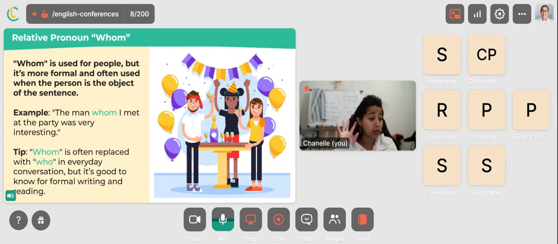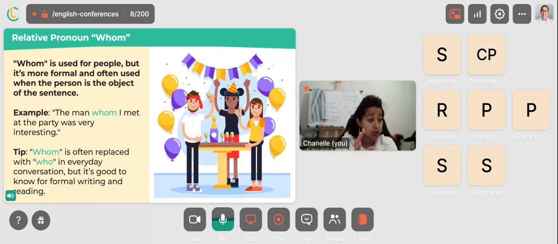So now that we have looked at who, we want to look at whom. Whom is used for people, but it's more formal and often used when the person is the object of the sentence. For example, the man whom I met at the party was very interesting.